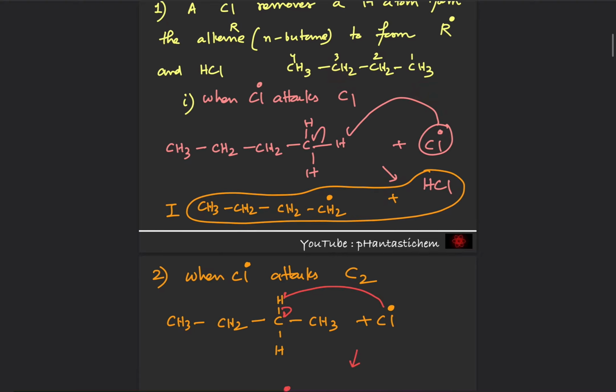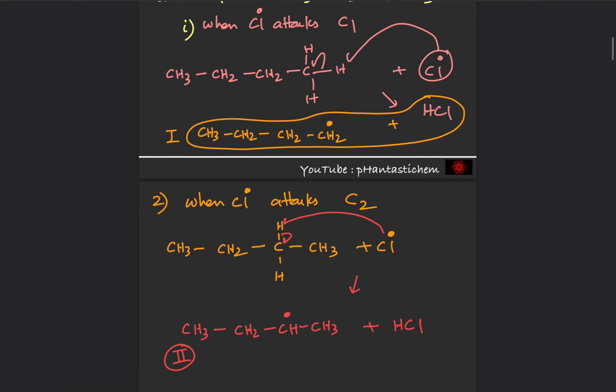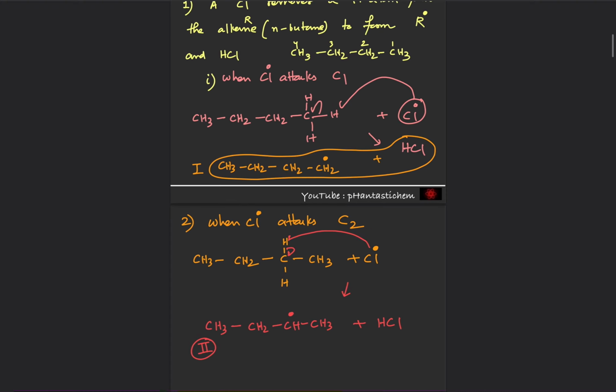That is, we will get this radical again. If Cl radical attacks C3, we'll get this again. If Cl attacks C4, we will get this radical again. That is the one that we got in the first case. So therefore there are two unique free radicals that we are going to get.